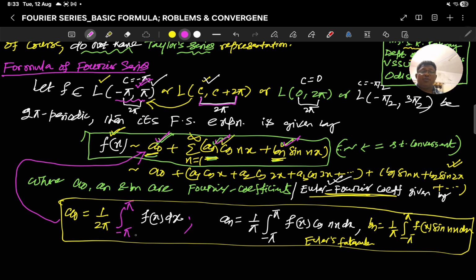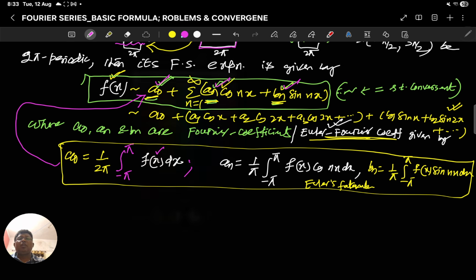Now you see, once the function is even or odd, then this Fourier series becomes easier. So let me tell you what an even and odd function is.